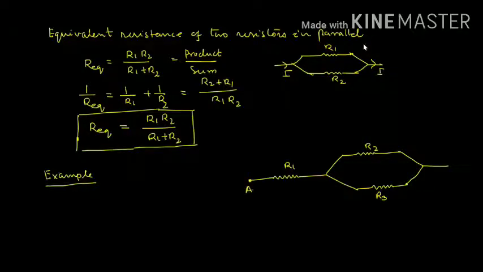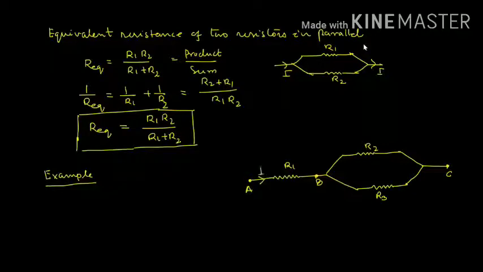This point is A, this point is B, and this is C. So we have three resistors of resistance R1, R2 and R3. R2 and R3 are parallel, and this parallel combination is connected in series with resistor R1.